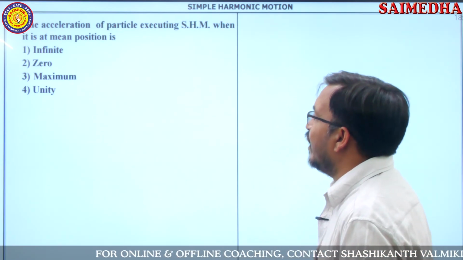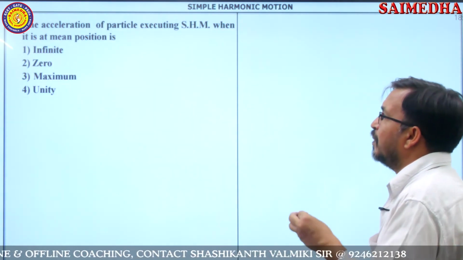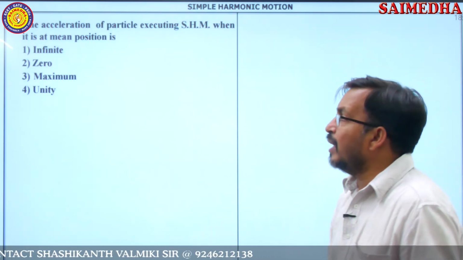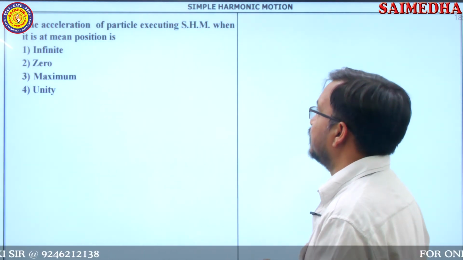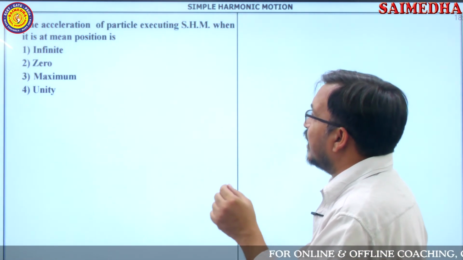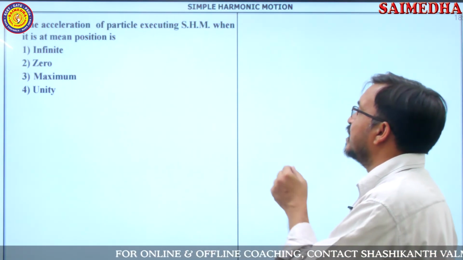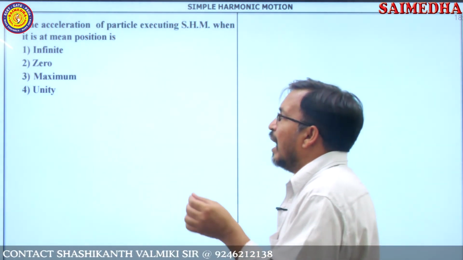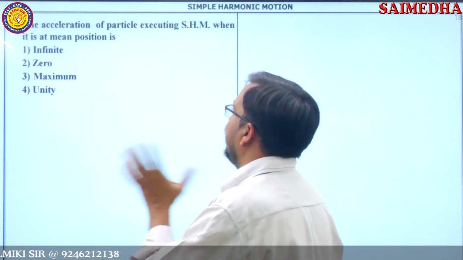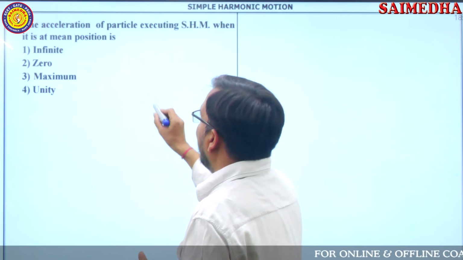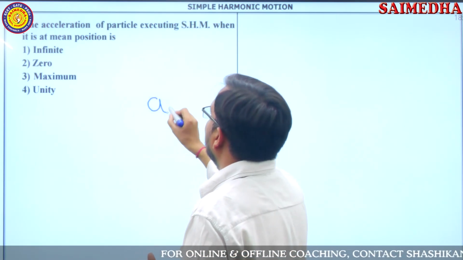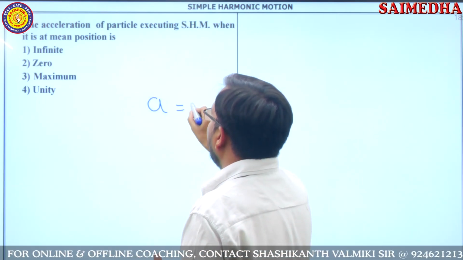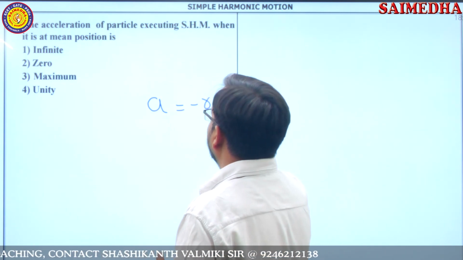The acceleration of a particle executing simple harmonic motion when it is at the mean position. See here students, the acceleration of a particle is minus r omega square.